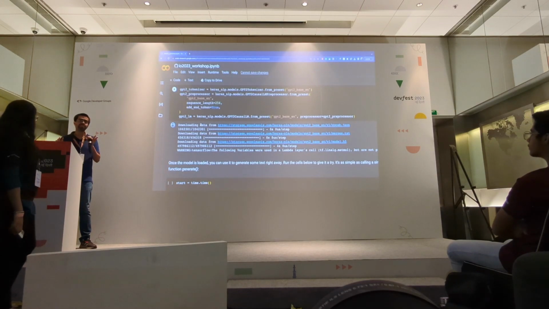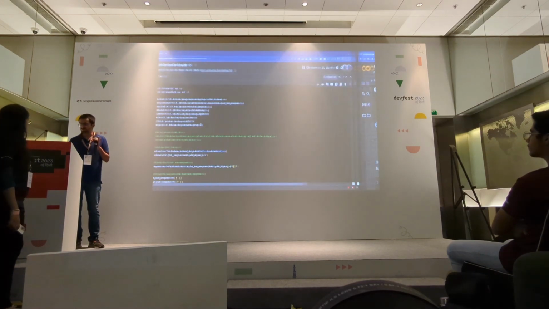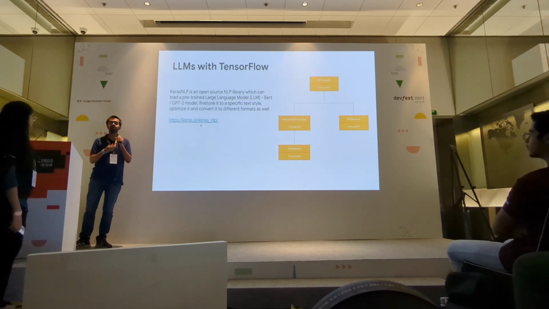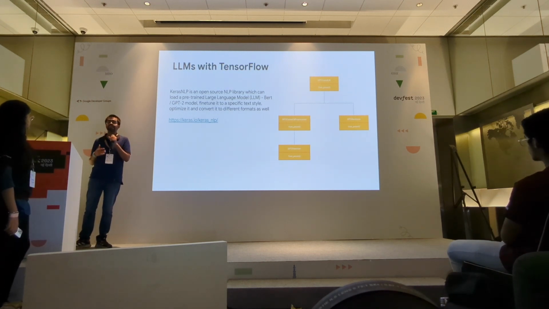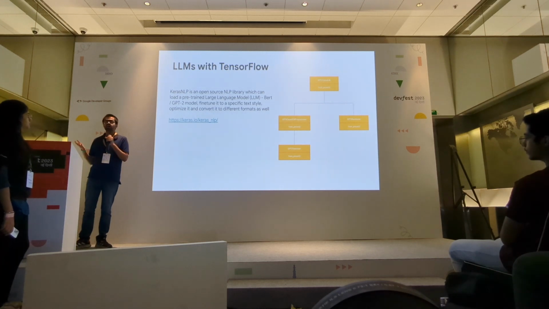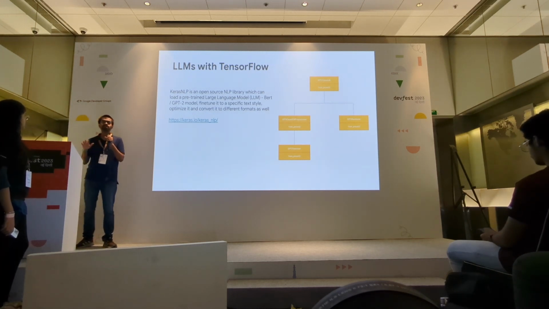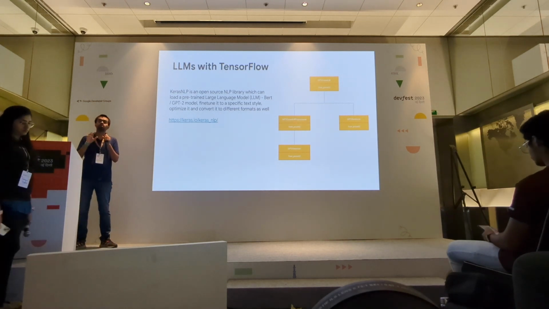I won't waste a lot of time, but I recommend all of you check out Keras NLP and use it to work with pre-trained LLMs like either BART or GPT-2. Trust me, these are some of the best ways to get started, because these models are not that huge.